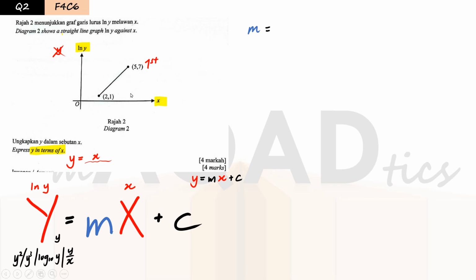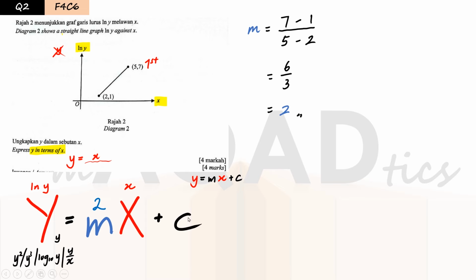So y1 minus y2 would be the y coordinate of the first point, which is 7, minus the y coordinate of the second point, which is 1, and we divide by x1 minus x2. So x1 is the x coordinate of the first point, minus the x coordinate of the second point. So once we calculate, it would be 2, right? So the gradient here is 2.